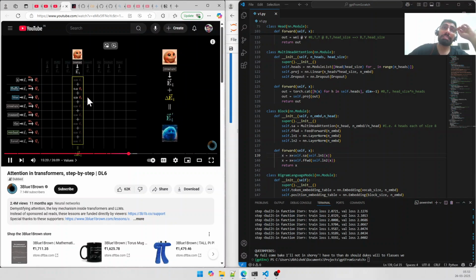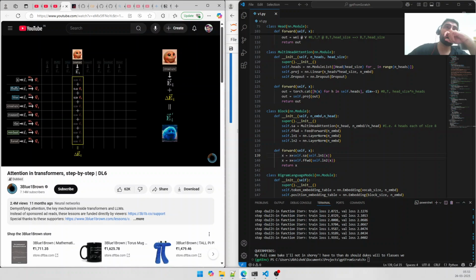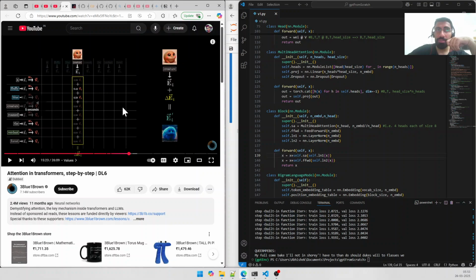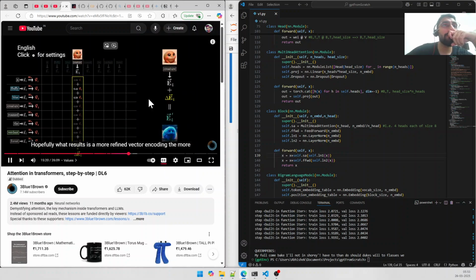Hopefully, what results is a more refined vector encoding the more contextually rich meaning, like that of a fluffy blue creature. And of course, that word is important, you add to the original embedding.